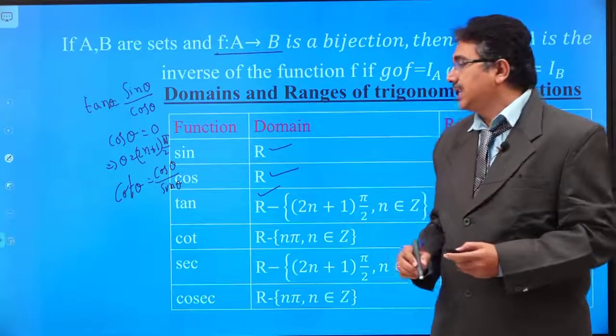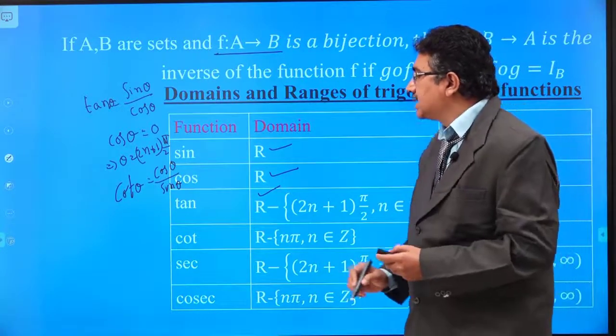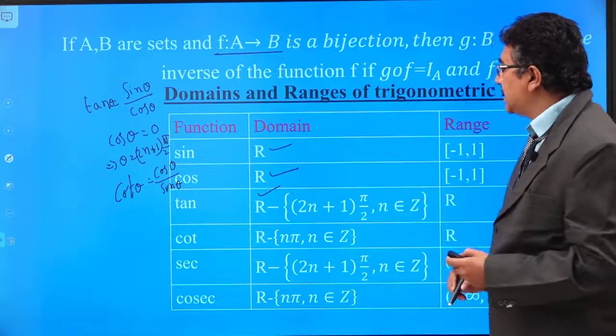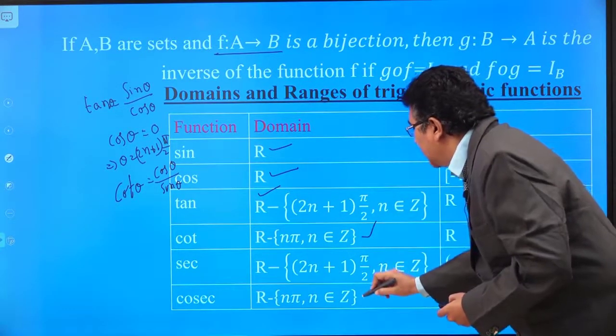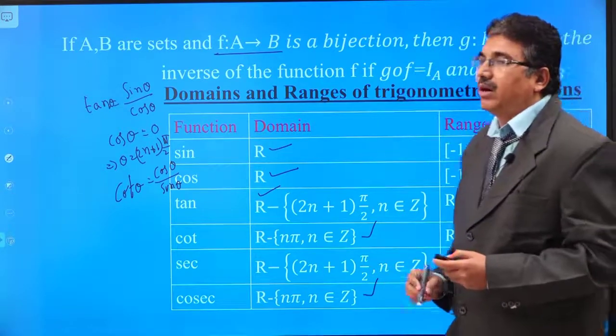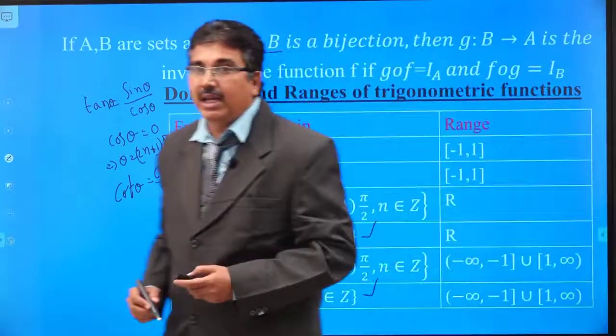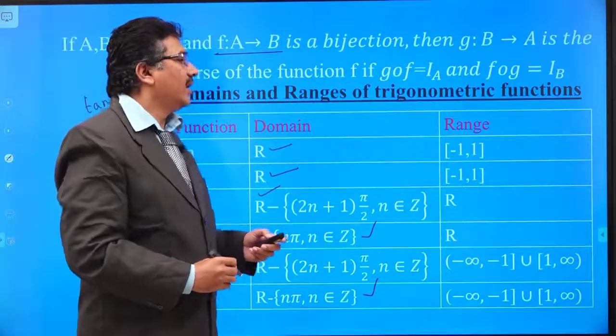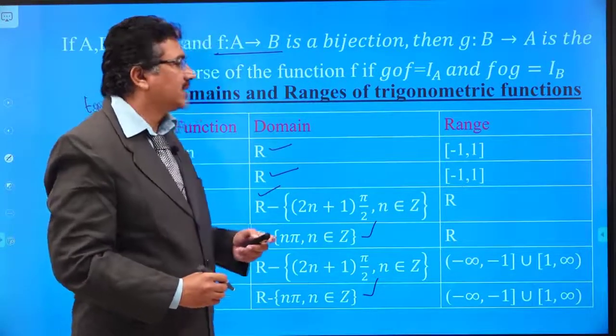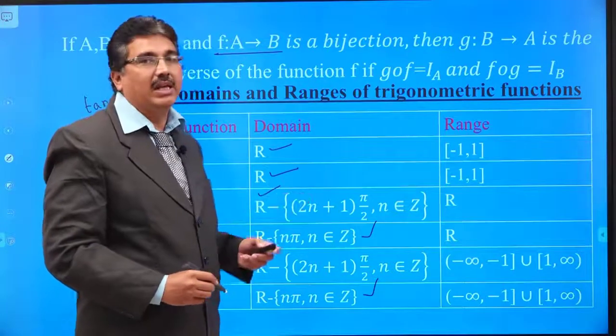That is, the domain of cot and cosecant is the set of all real numbers excluding numbers of the form n pi where n belongs to Z. The ranges of trigonometric functions are already familiar.